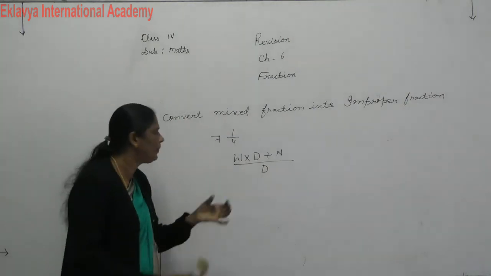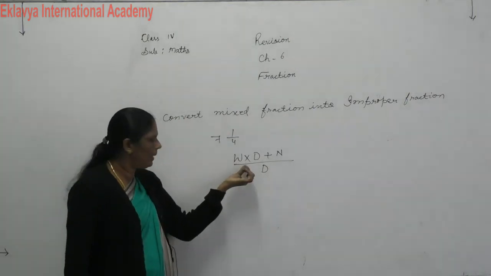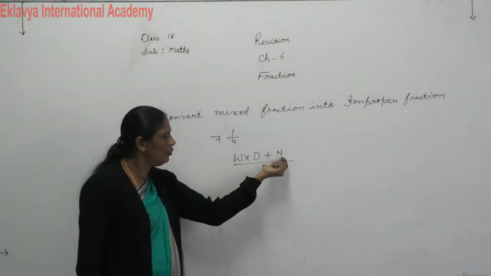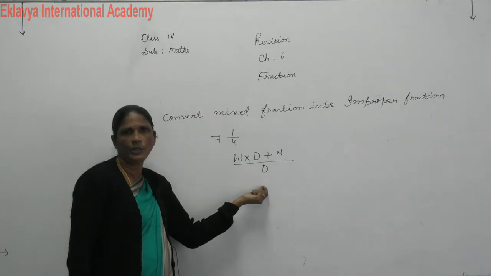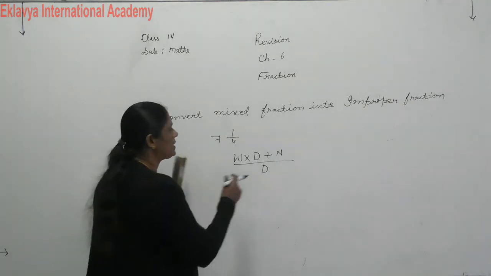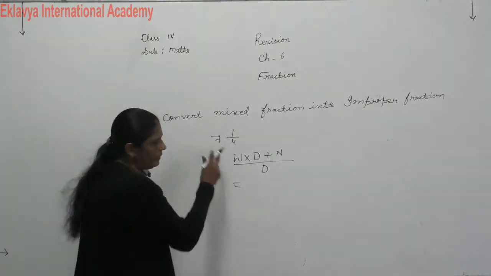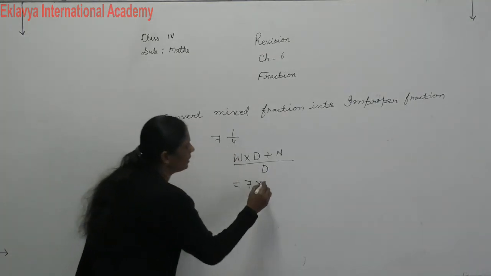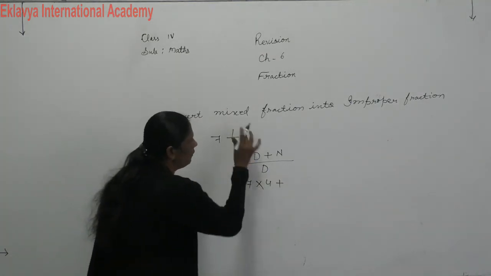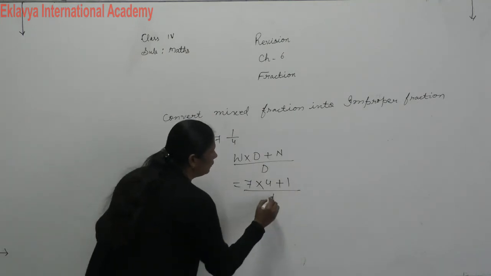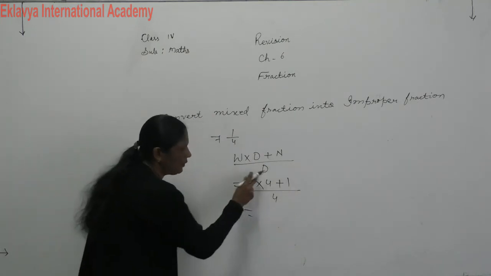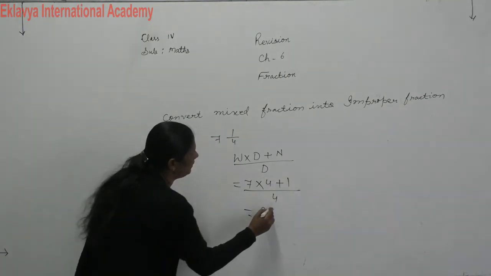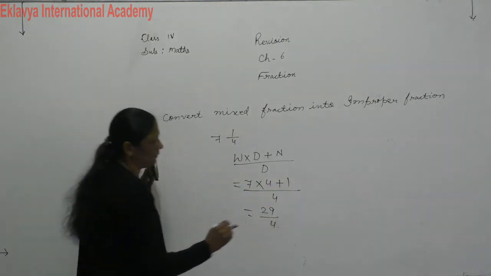What is our whole number? 7. So 7 multiply denominator 4 plus 1 upon 4. That is 7 fours are 28, 28 plus 1 is 29 upon 4.